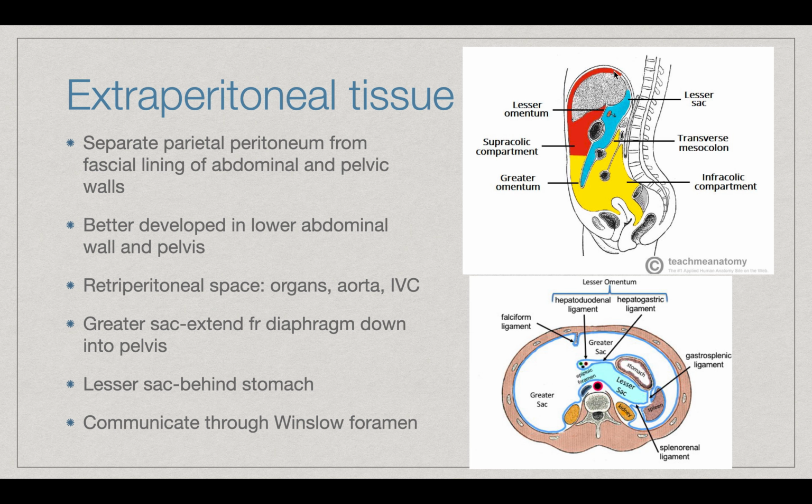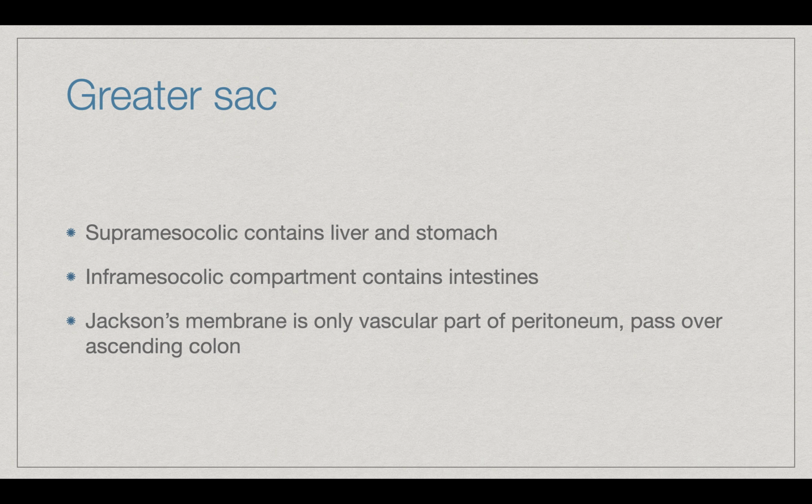And then in front of the stomach is going to be the supracolic compartment. So here's the lesser sac behind the stomach, here's the greater sac. Okay, so there's a couple components of the greater sac. The supramesocolic compartment will contain the liver and the stomach, and then the inframesocolic compartment will contain the intestines.